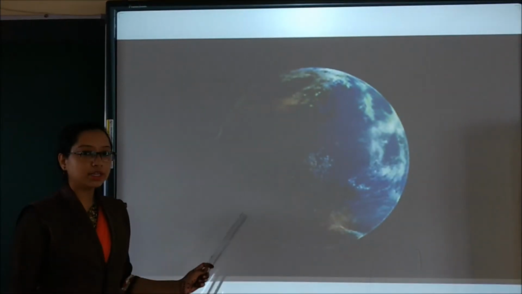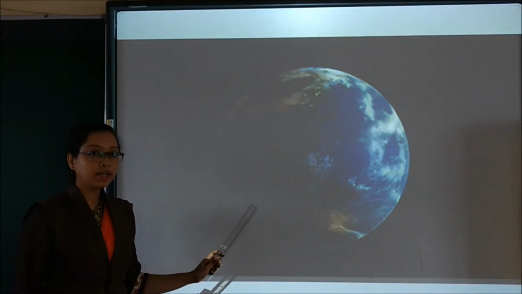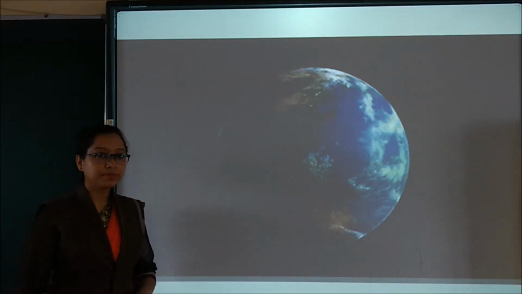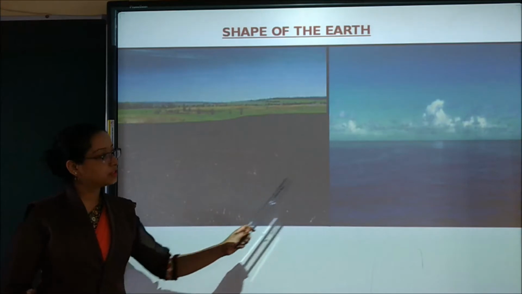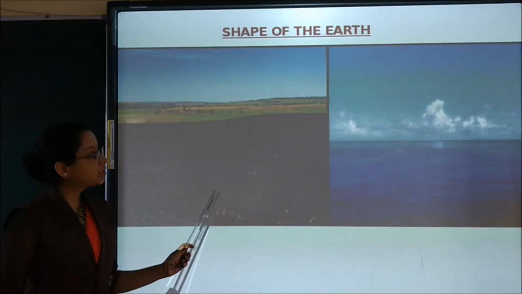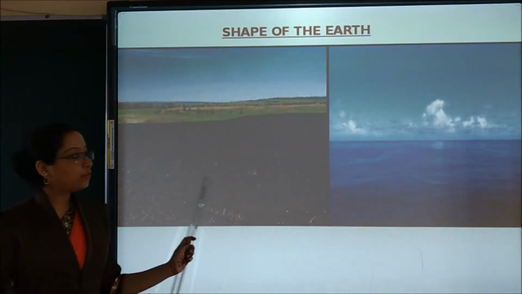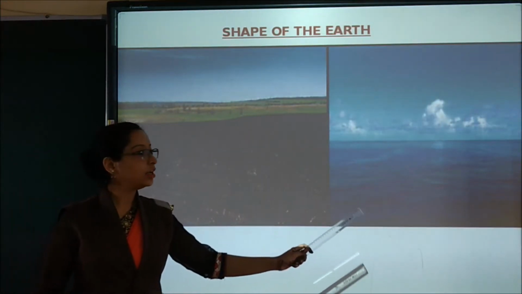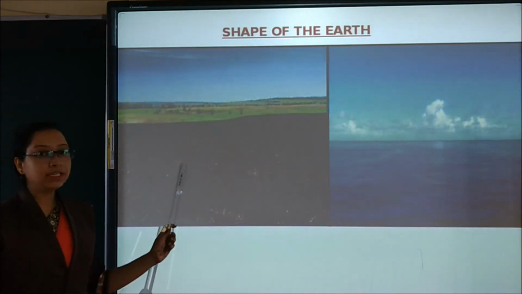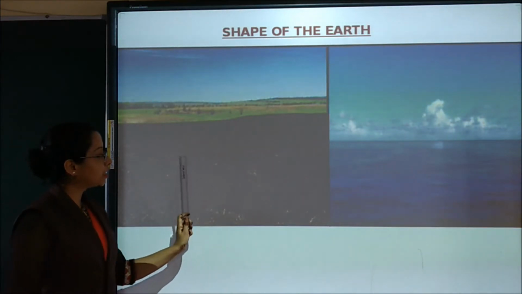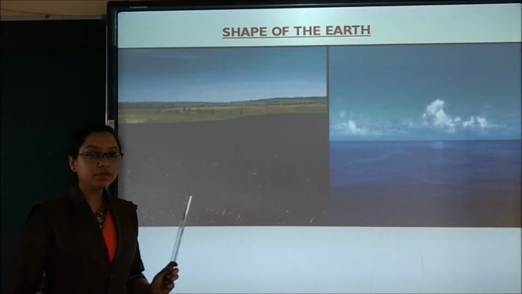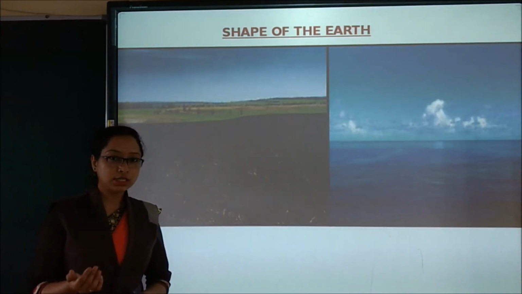So now children, you can see this is the picture of the earth and the earth is round in shape. What can you understand from these pictures, children? Here you can see the surface of land and here the surface of water. When we stand at one place, we can only see the land of the earth for a short distance.